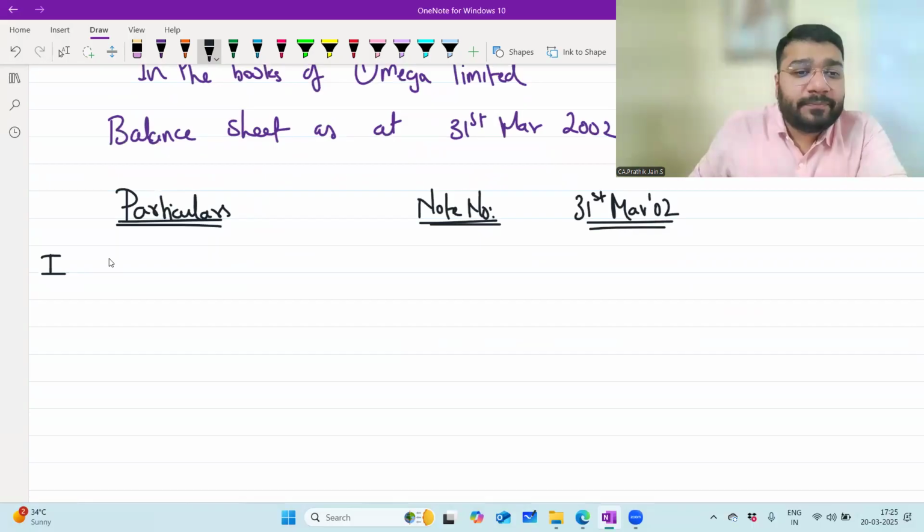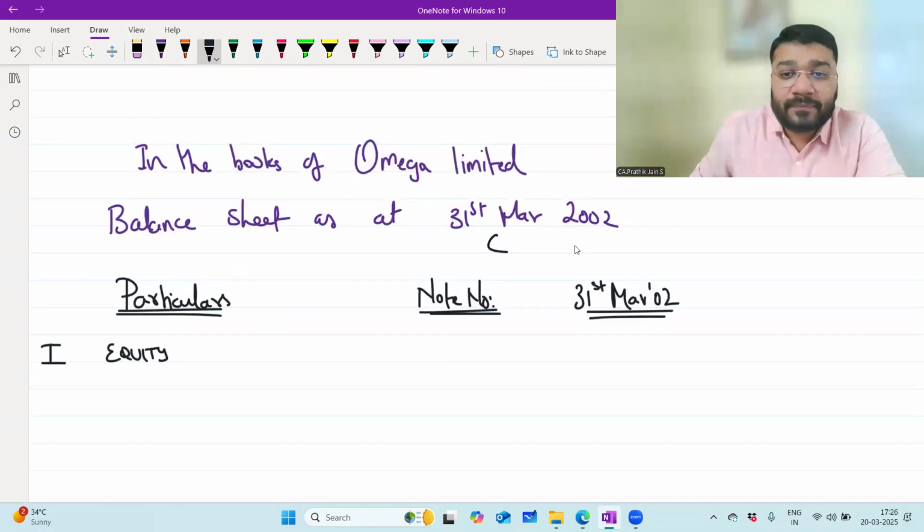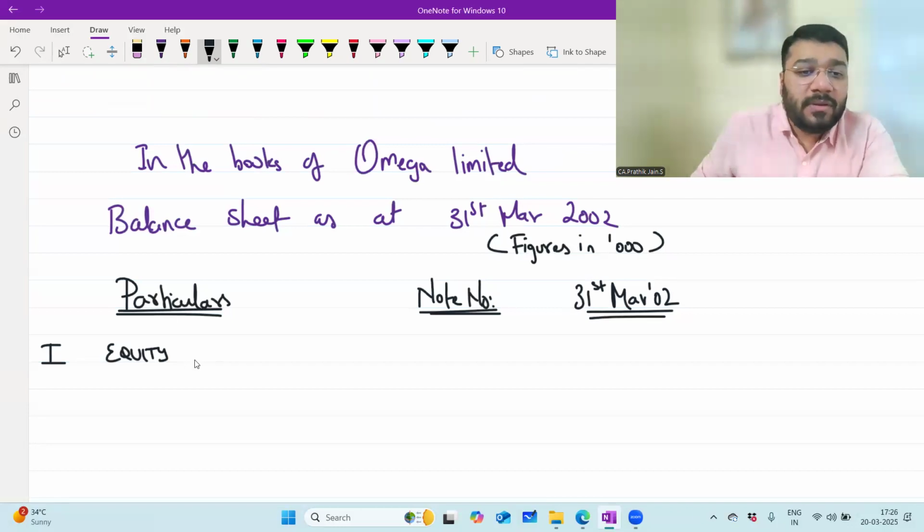What is the first item? Equity. Figures in thousands, please make a note here. Figures in thousands. Equity and liabilities.